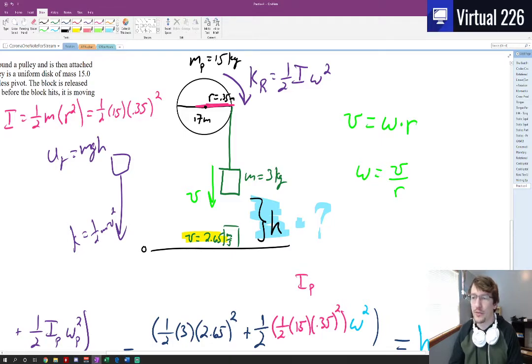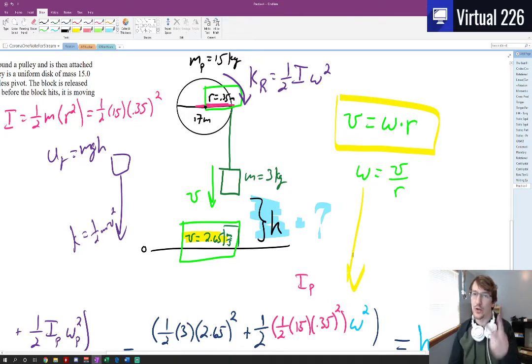And I know what the velocity is linearly when the block hits the ground. That's 2.65. And I know what the radius of the pulley is. So I have now a second equation so that I can do a substitution method, and with 2 equations and 2 unknowns, I can solve this out.